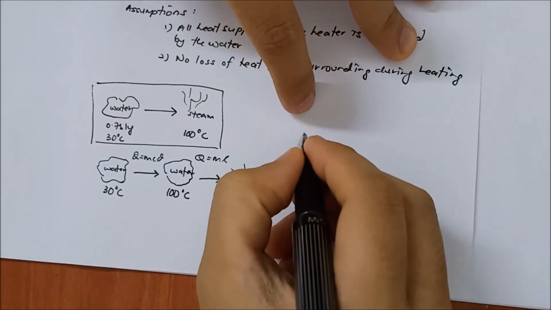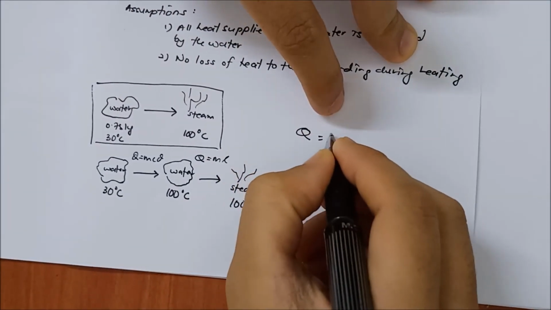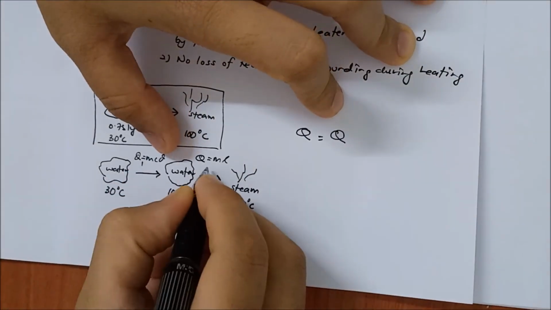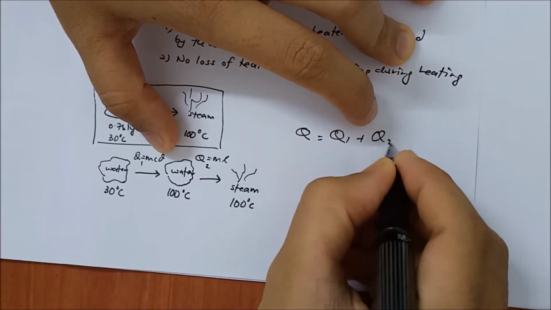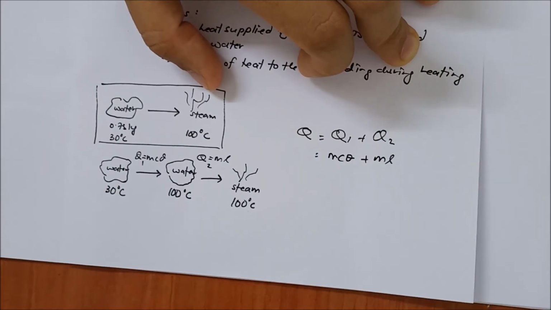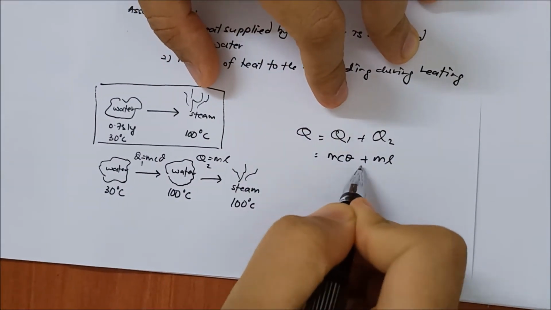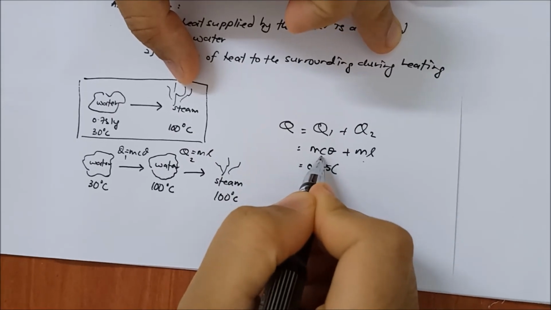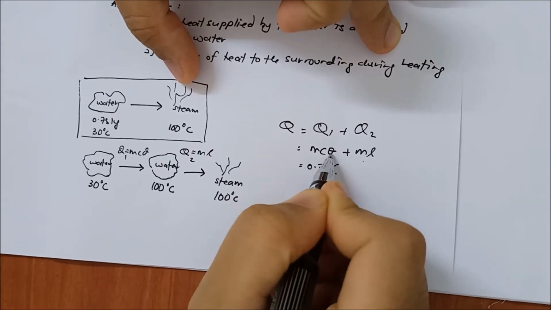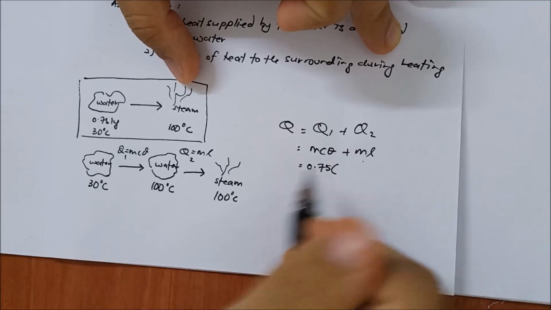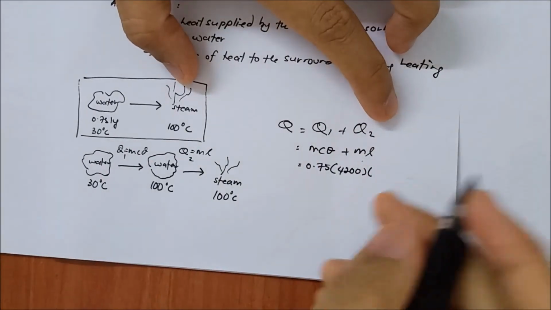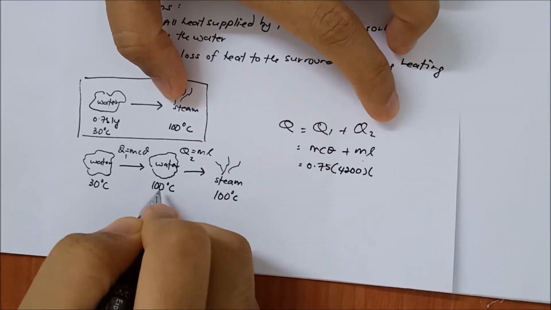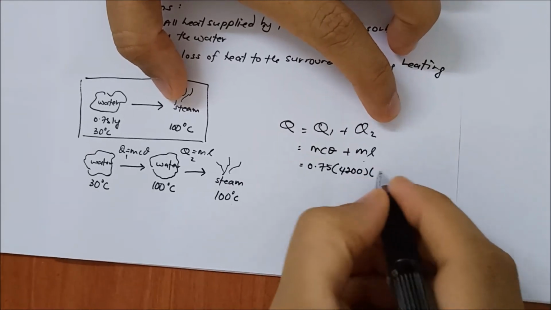So to find the energy required, Q is equal to Q1 plus Q2, so mc theta plus ml. So mass of water, specific heat capacity of water, and temperature change from 30 degrees Celsius to 100 degrees Celsius. So the change in temperature is 70 degrees.